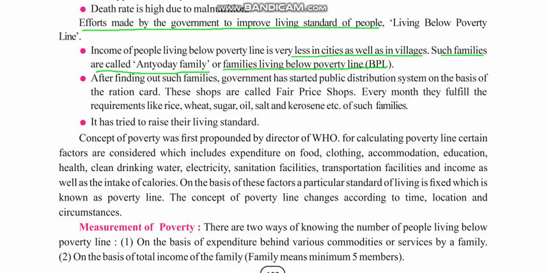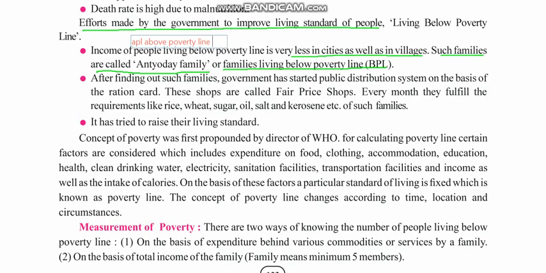If their ration cards are registered, then their ration cards are considered BPL ration cards. You might check your ration card; it will usually be APL. APL stands for above poverty line. So you will be having an APL ration card, that means above poverty line.